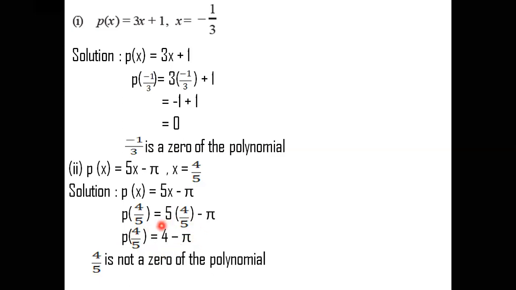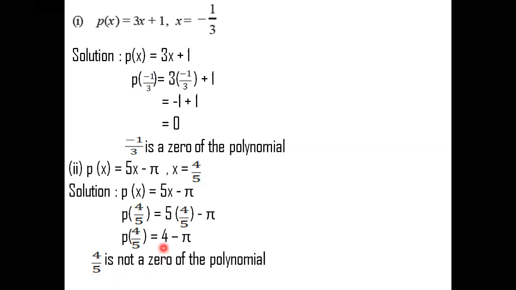So I'm not getting the answer as 0 over here. But what is the value that I've received? It is 4 minus 5. Since I have not got 0 as an answer when I replace x with 4 upon 5, I will conclude that 4 upon 5 is not a 0 of the polynomial. Why is it not a 0 of the polynomial?